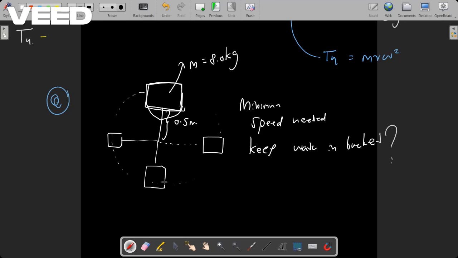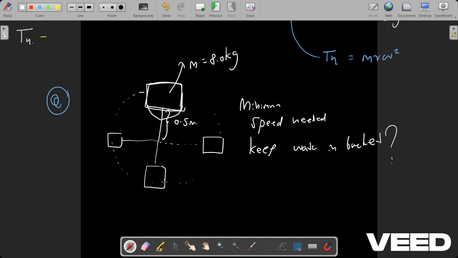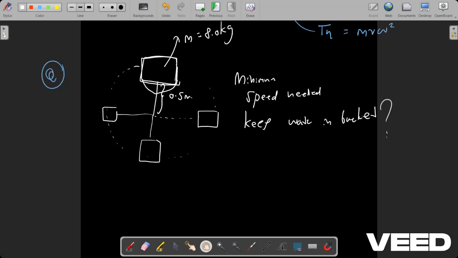What is that velocity? Everything you need is given, right? Okay, fine. Now here's the catch. The maximum risk is over here.